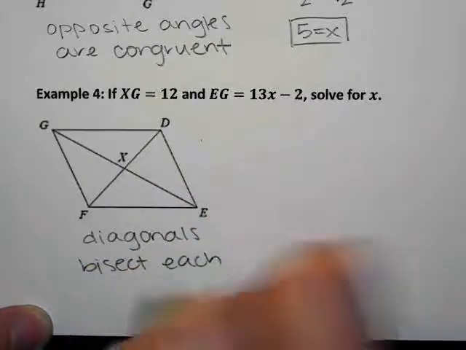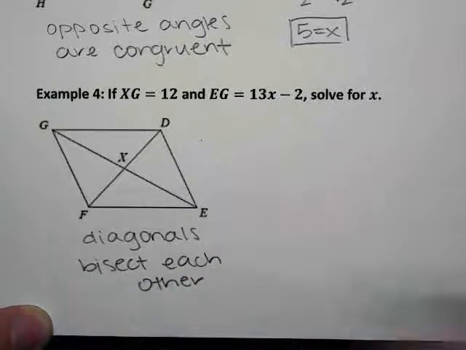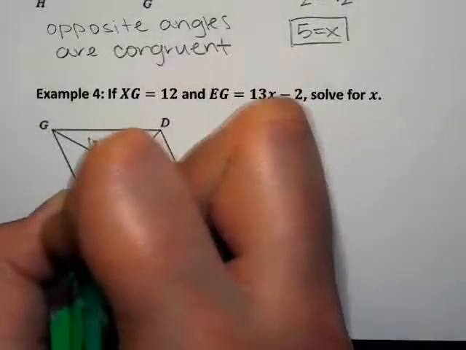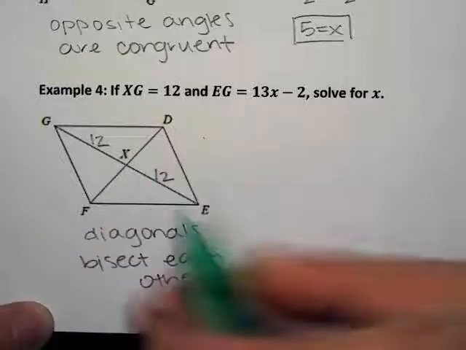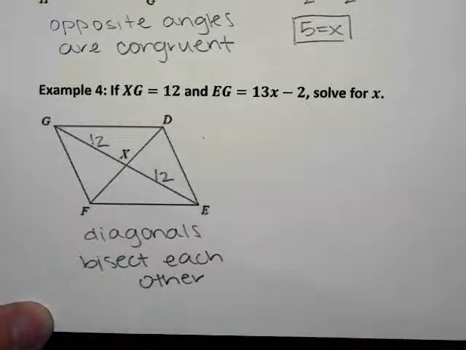All right, so if XG is 12, what is XE? 12. And I know that because DF bisected that diagonal. It cut it in half, so the two halves have to be the same. The reason I know that is because it bisected it. Does that make sense? Okay.